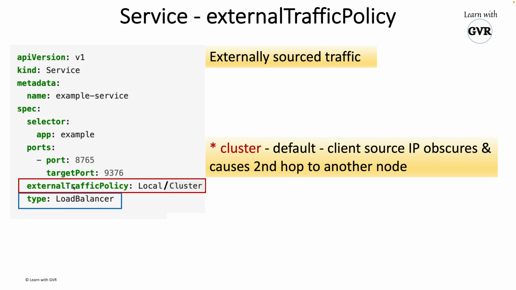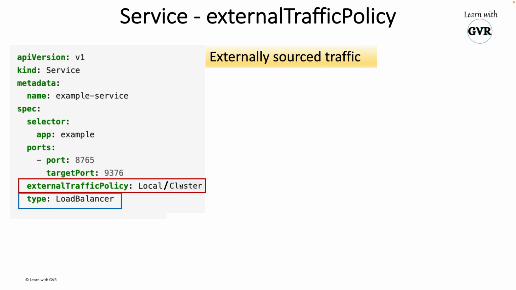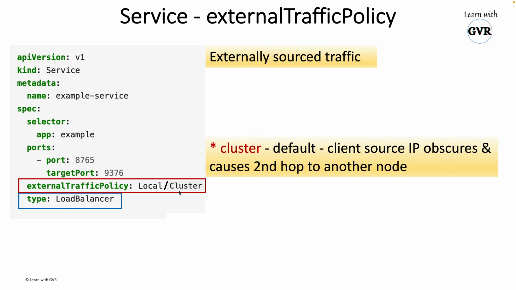Whenever you define external traffic policy cluster, what happens is if you have 3 different nodes, every time it causes a second hop. Hop is a networking concept. If anybody from networking, please comment on the hop details. But what I know is that a completely full round trip will happen whenever you define external traffic equal to cluster.